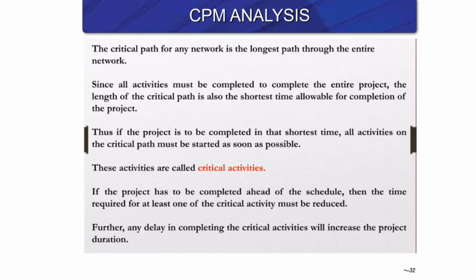And further, any delay in completing the critical activities will increase the project duration. So each element on the chain is very crucial in keeping the project on track, as well as completing the whole project on time. If any one element on the chain has a problem, it can have a ripple effect on the whole project. That's the key point of CPM as well as PERT, two tools to find the shortest critical path.